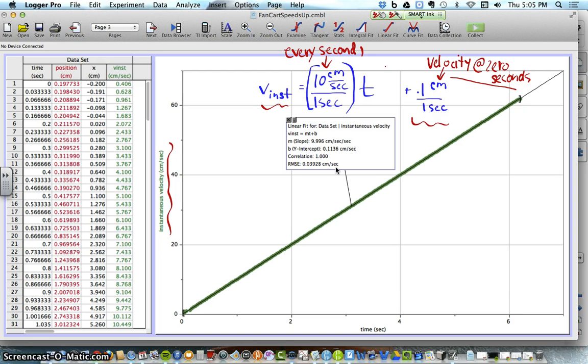And here in this case, it looks like 10 centimeters per second. So every second velocity of the object is changing by 10 centimeters per second. That's pretty cool. We can write this as a general equation now, where V, instantaneous.